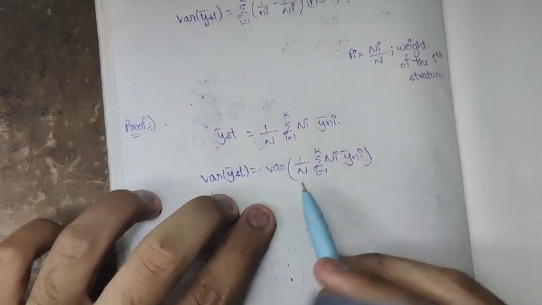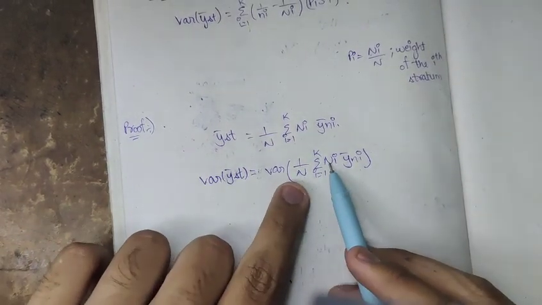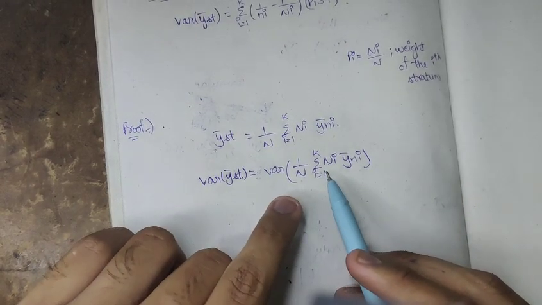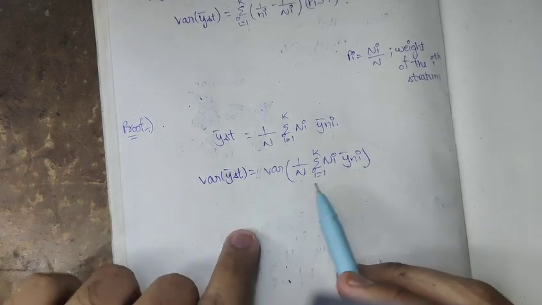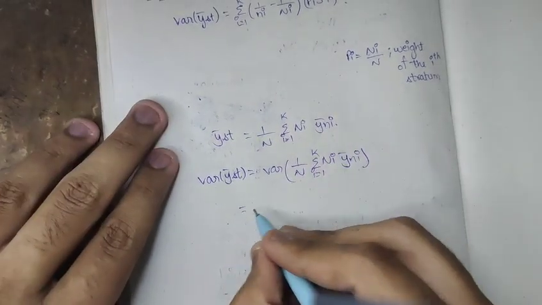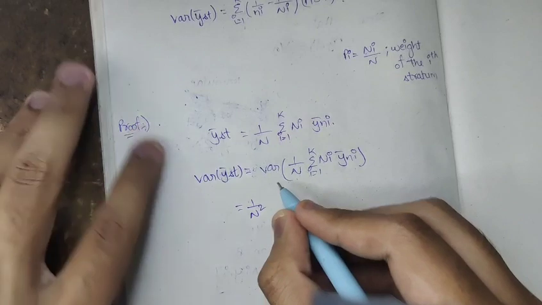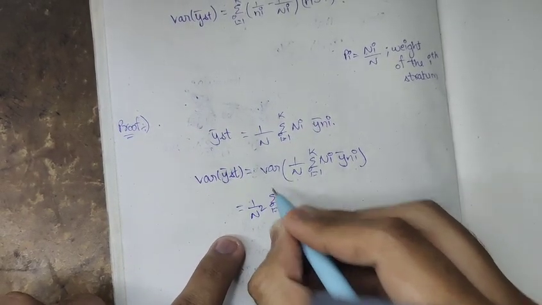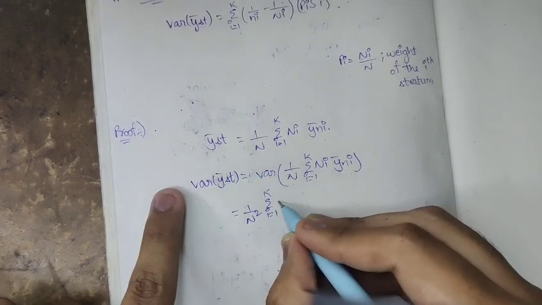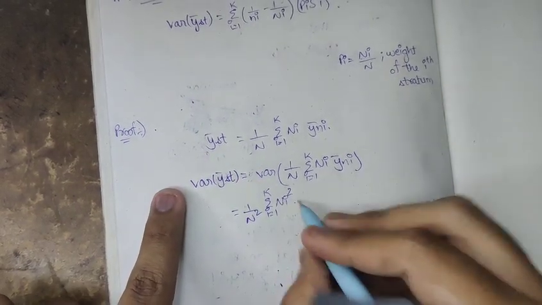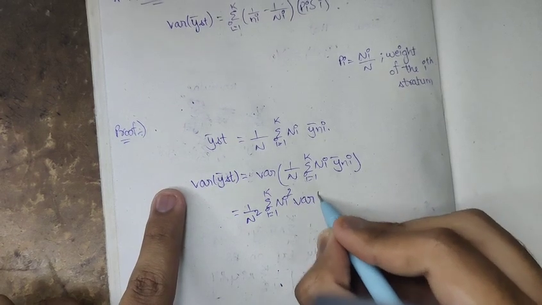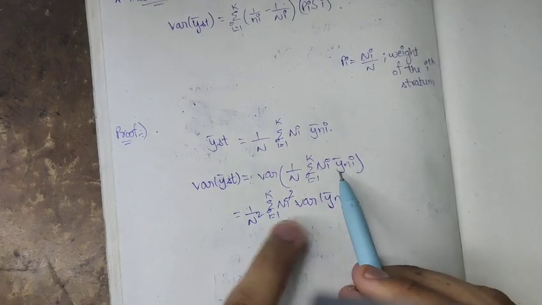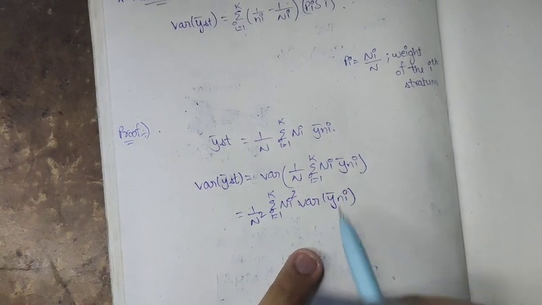Now we already know N and N_i are constants here, and the variance of a constant becomes squared when it comes outside. So 1/N² comes outside, N_i also becomes squared, N_i², and we apply variance to the only remaining term, ȳ_i.